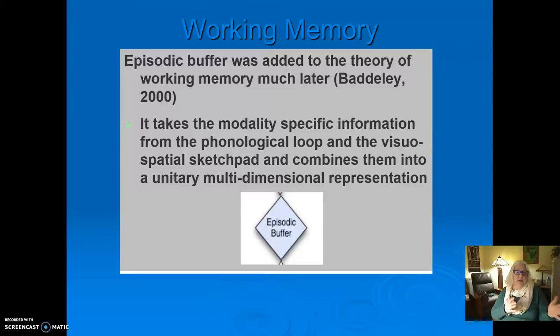It's called here a unitary multidimensional representation. It means that we've taken any images or any sounds and made a memory coding that is meaningful, because that's how information is stored in long-term memory. The code is meaning. The code is semantic. Semantic means meaning.